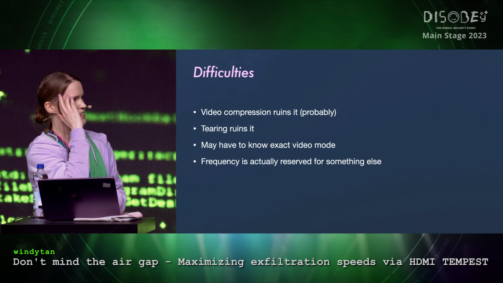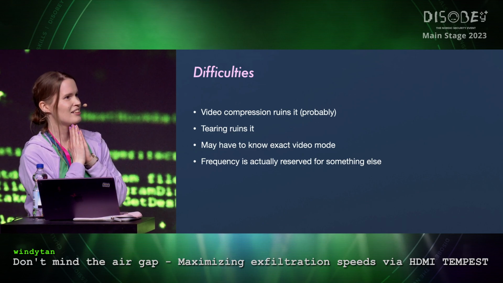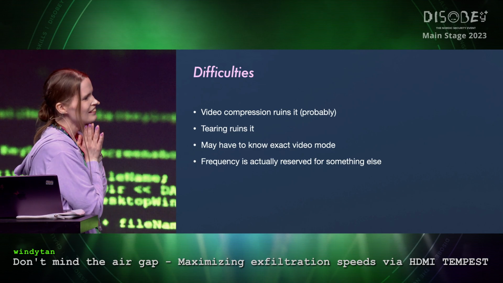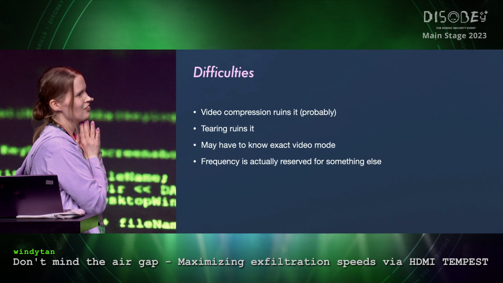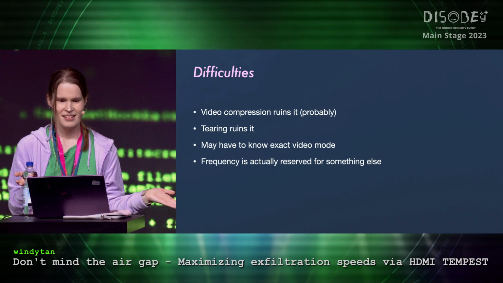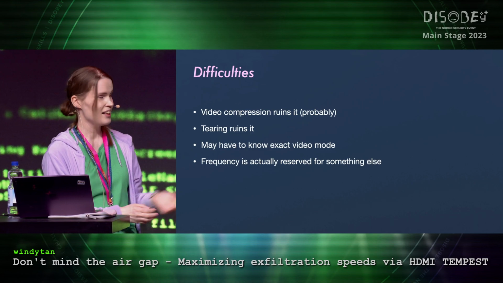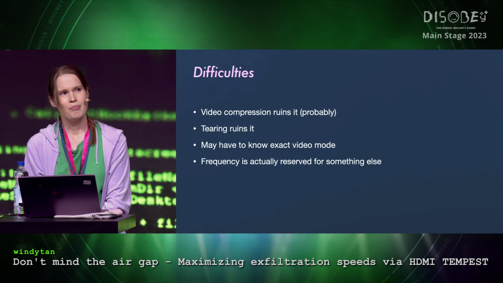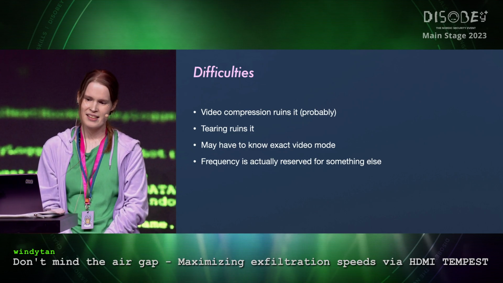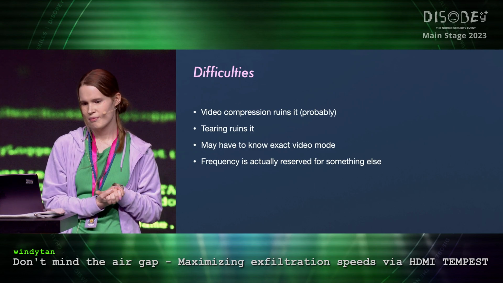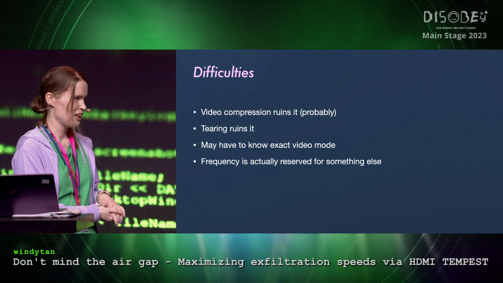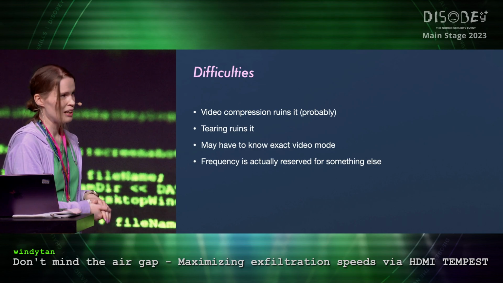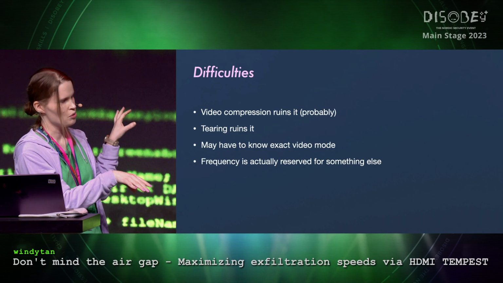As I already discussed, it's not a perfect protocol for transmitting just anything. It's easily broken. Video compression probably breaks it. I haven't tested. Yeah, tearing on Raspberry Pi 4 breaks it. Maybe we even have to know the exact video specifications, the frame rate, even the color space, to be able to reliably choose the colors which we use.